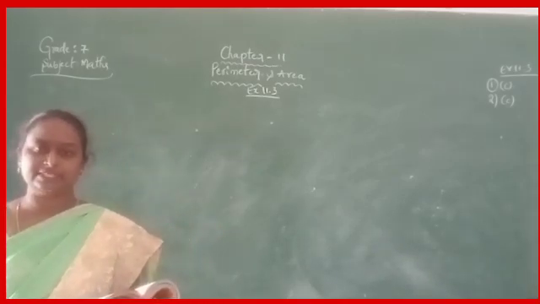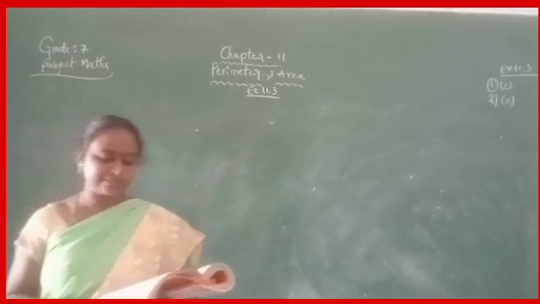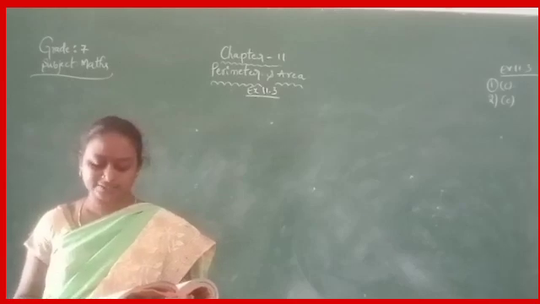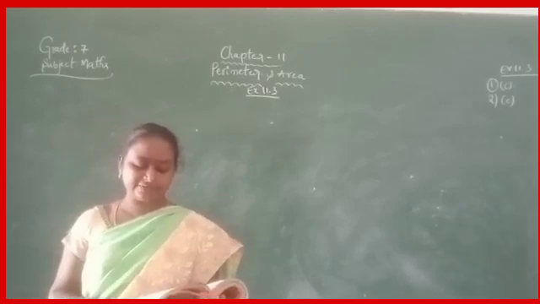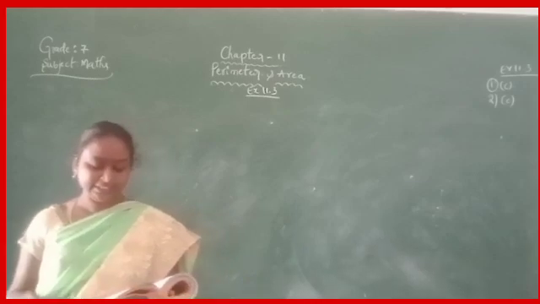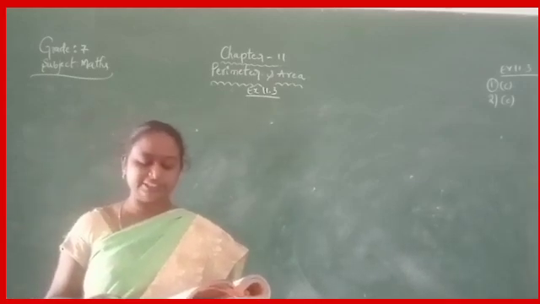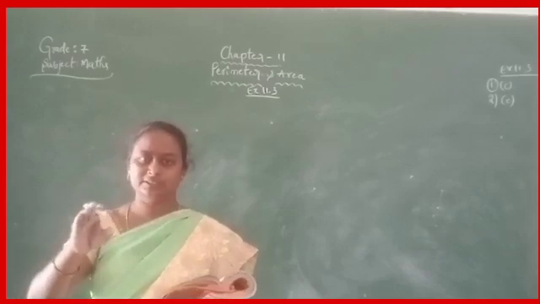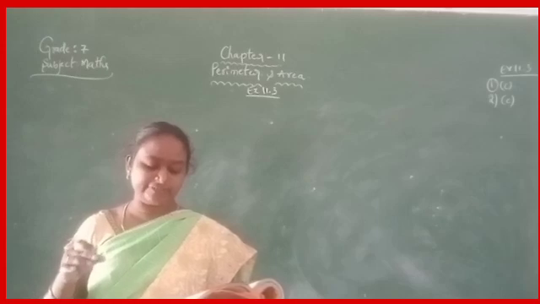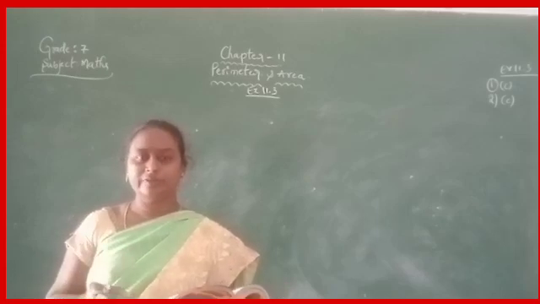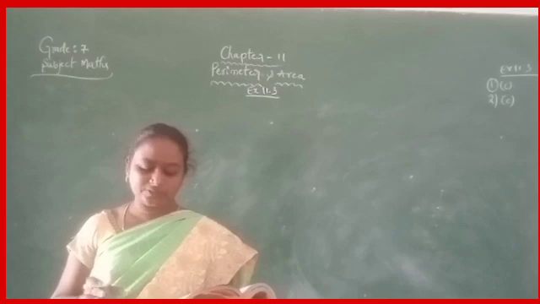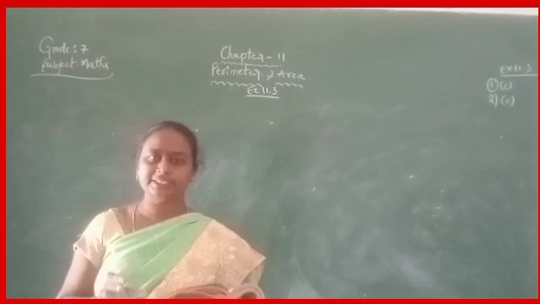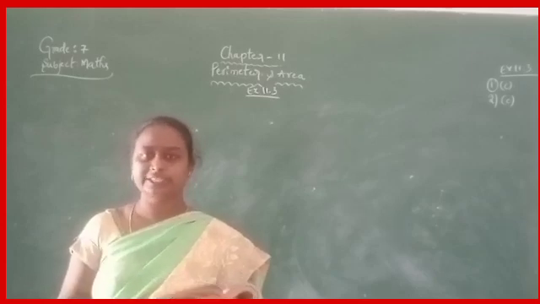If the circumference of a circular sheet is 154 meters, find its radius, also find the area of the sheet. See, the circumference of a circular sheet is 154 meters. That means the total length of the sheet is given, but here you have to find the radius and the area of the circle.